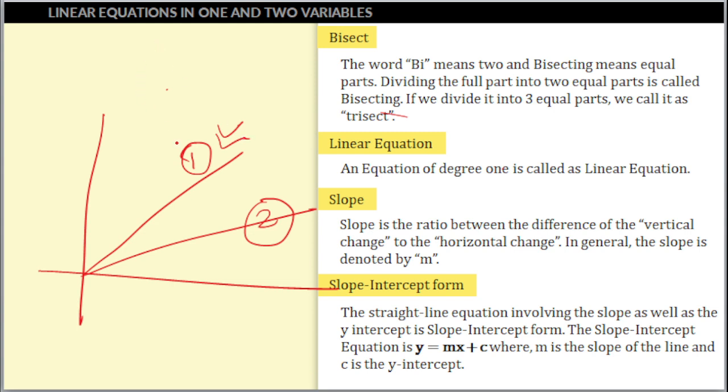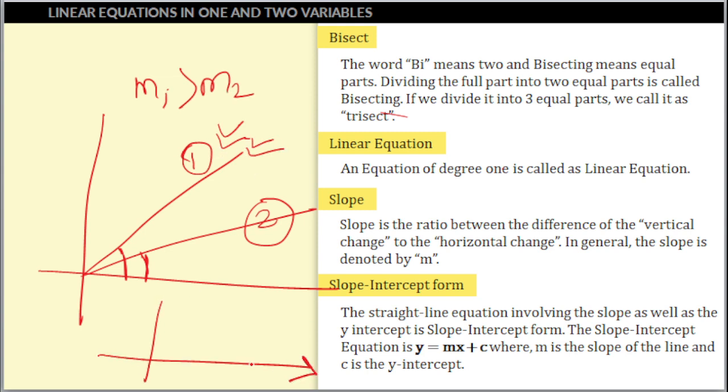Why? Because it is more steep. The slope is nothing but how steep a graph is, like how much angle it is making from the x-axis. So the slope of graph 1 will be greater than graph 2 because it is more steep. If a graph is like this on the x-axis, it has no slope. It has zero slope because it has no steepness.